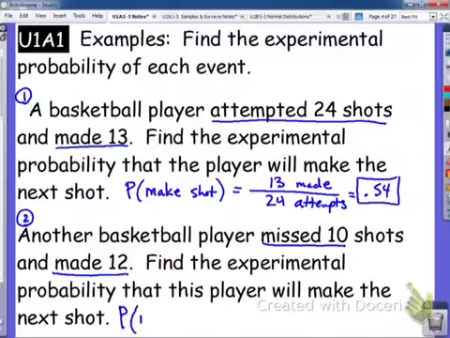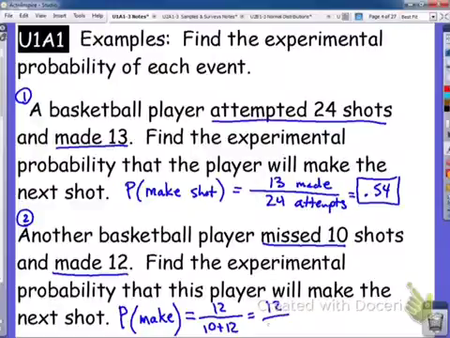So the probability of making the next shot is equal to the total number of makes, which is 12, divided by the total number of outcomes. Now, the total number of outcomes were 10 missed and 12 made. So 10 plus 12. So that's equal to 12 over 22.